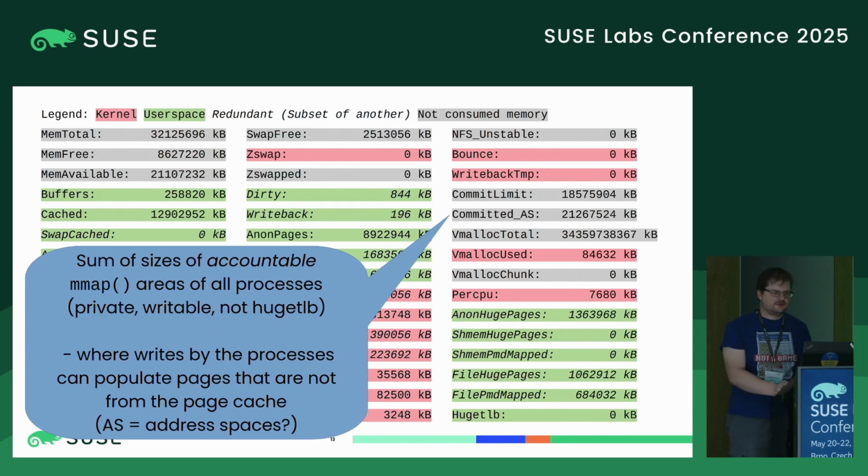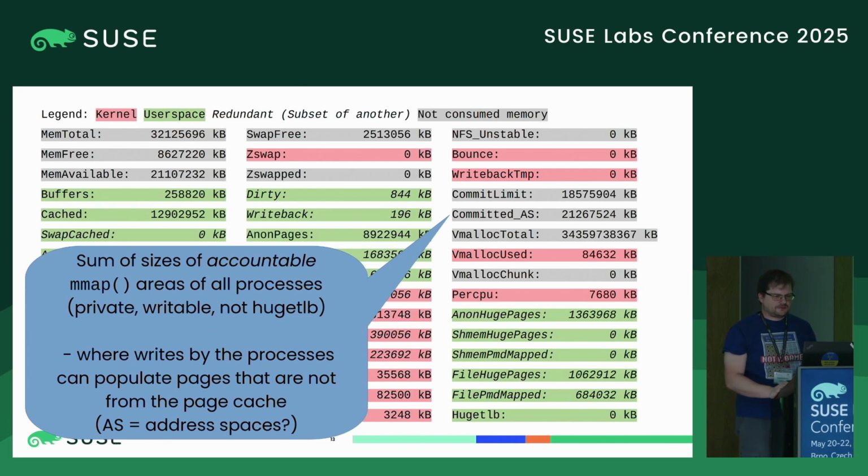Then there are these cryptic values that talk about commit limit and Committed_AS. The Committed_AS is like the sum of all address spaces of all user processes. Not all of the address spaces, but most of them, those that can contain private writable memory, which is anonymous or even files.